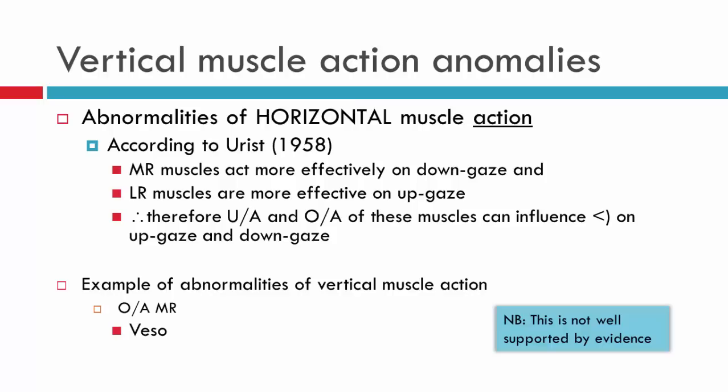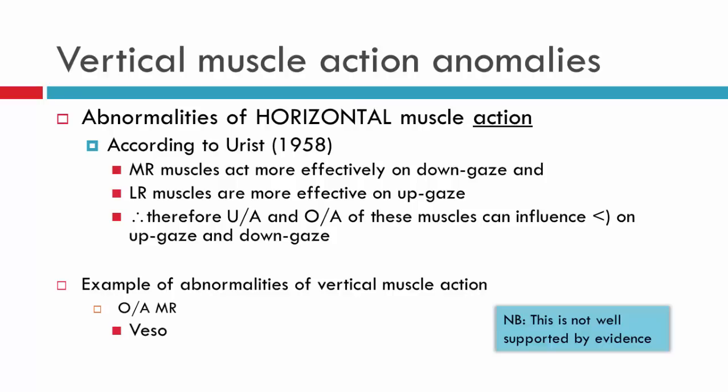If you think about ocular movements, when we're looking into downgaze, we have more convergence. We're obviously utilising the medial rectus more. So as you move more into upgaze, you're going to be using those lateral recti a little bit more. So the theory goes that if this is the case, then if you have an over or underaction of these muscles, it could influence the AV pattern in up or downgaze.